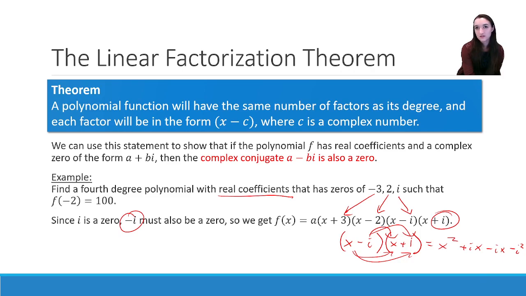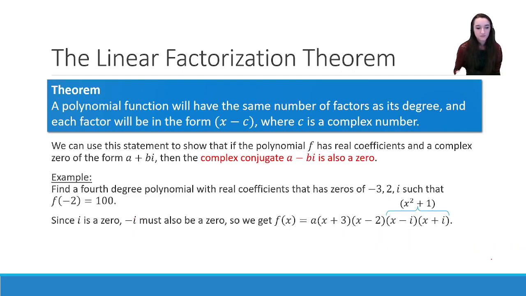That's where complex numbers come from. That's how imaginary numbers work, is that i is the square root of negative 1. So i squared is negative 1. So our plus ix minus ix are going to cancel away, and we'll get x squared minus negative 1. So minus negative 1, or in other words, plus 1, like so.